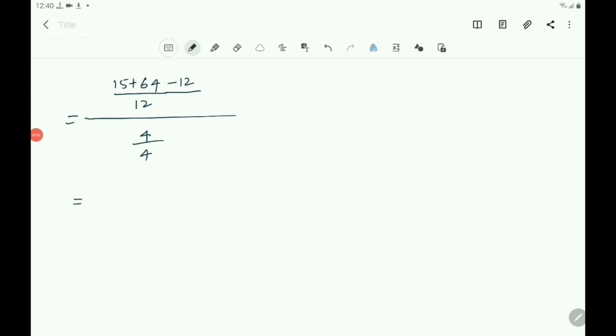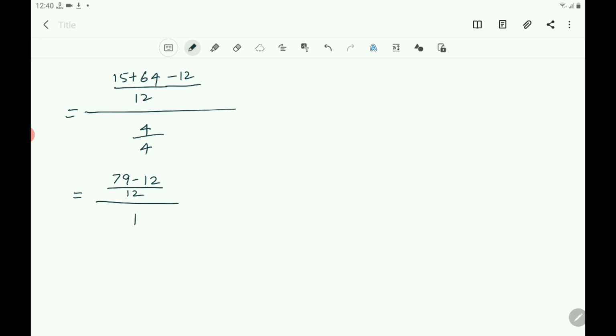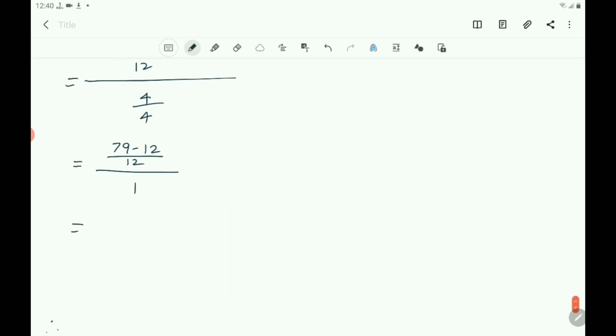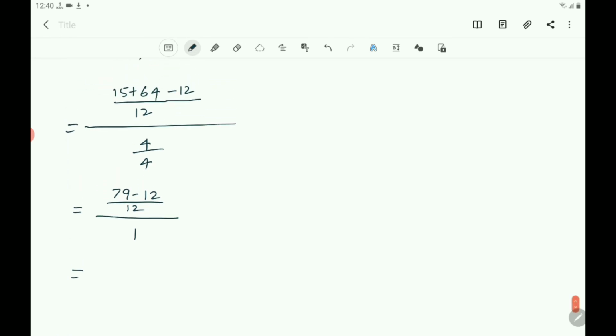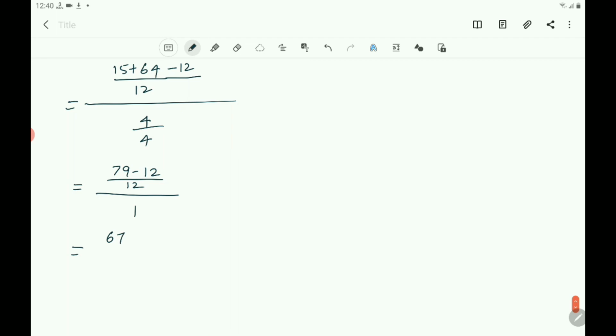That equals 15 plus 64 is 79, minus 12, divided by 12, whole divided by 1. That equals 79 minus 12, that is 67 by 12. So you got 67 by 12.